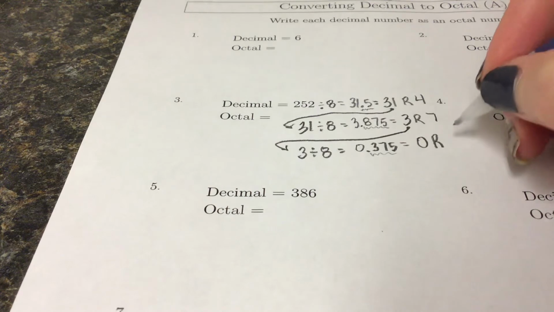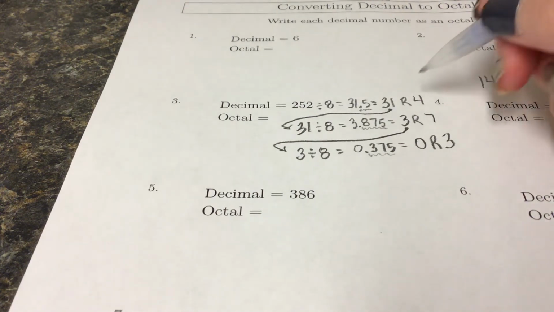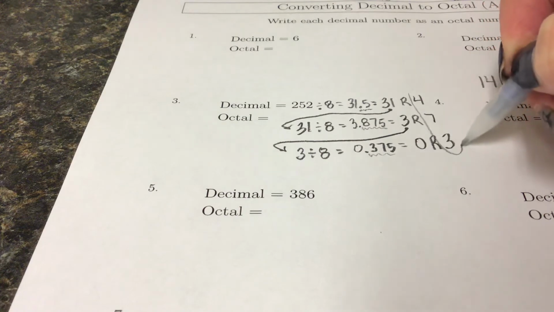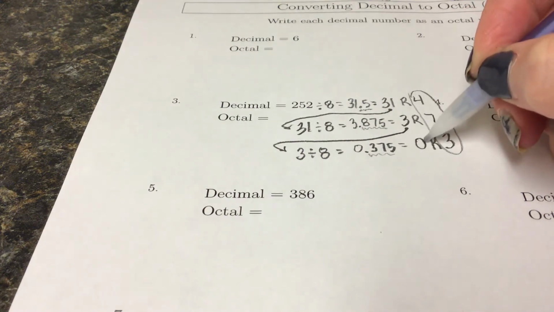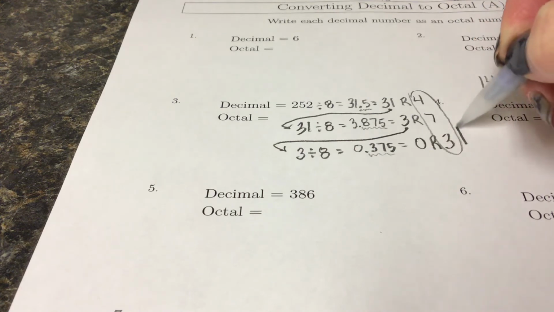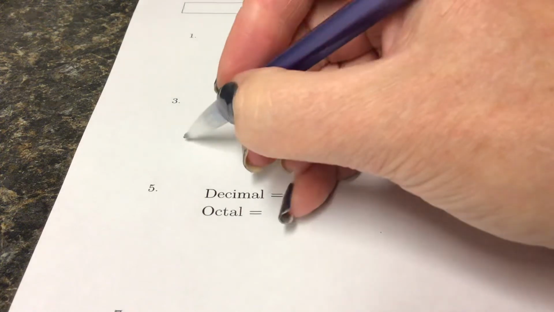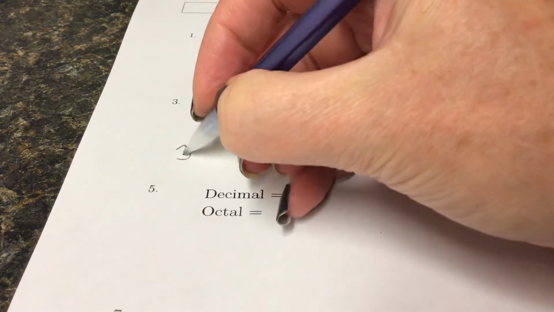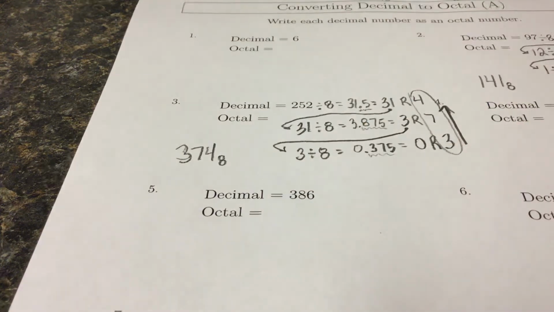So 0.375 times 8 says that we have a remainder of 3. Your octal number is right here, and you know you're done because you get a 0 in this spot. So we read our octal number from bottom to top. Our octal number would be 374.